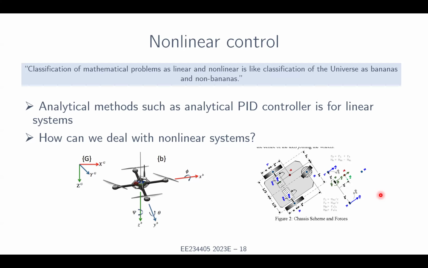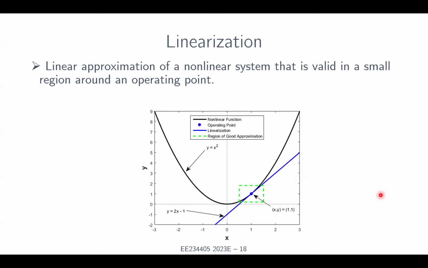But the other approach is to linearize the system, right? To make the system linear. But it's not a perfect approach because the system could only be linearized around a certain point, which is called an operating point.